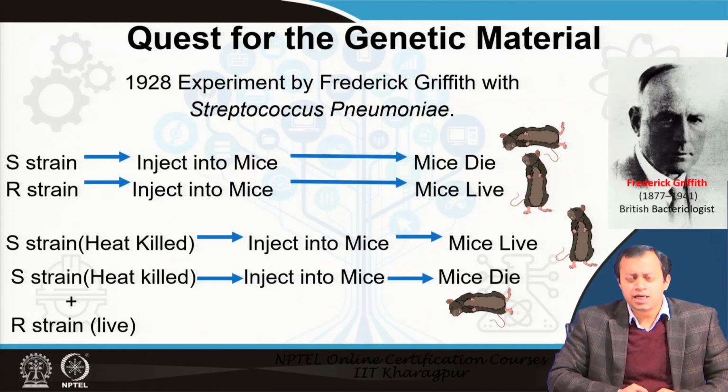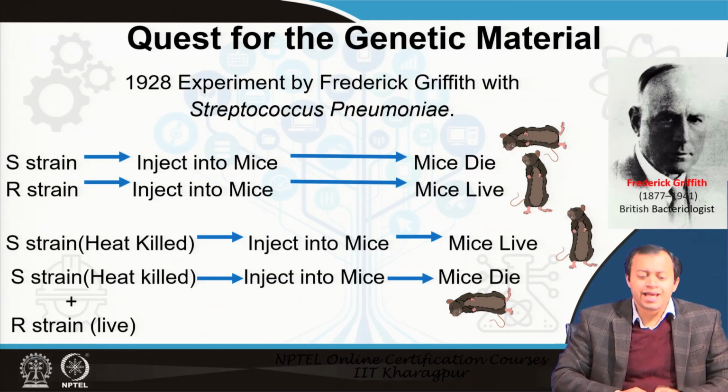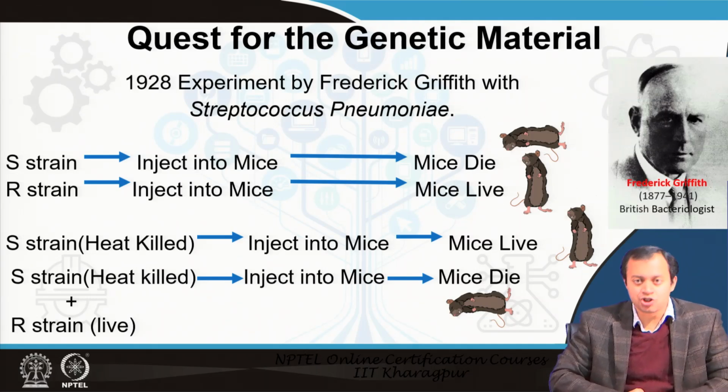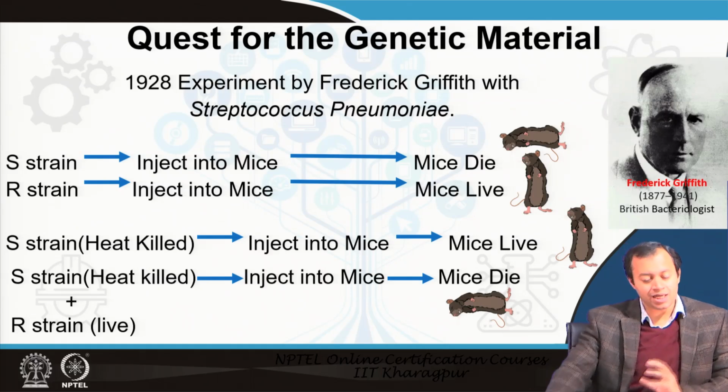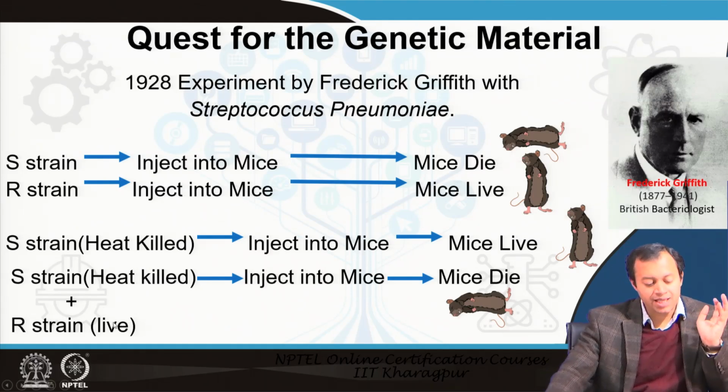Later in 1933, they extracted DNA, RNA and proteins from the S strain bacteria and tried to see which part of S strain is actually transforming the R strain.